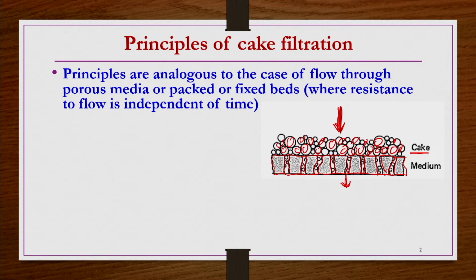Now we have to see how the principles of packed bed that we have already developed can be used for the case of cake filtration. Basically, there are the Ergun equation, the Kozeny-Carman equation, and the Burke-Plummer equation for different cases. If the flow is low, at low Reynolds number, then the Kozeny-Carman equation is valid.